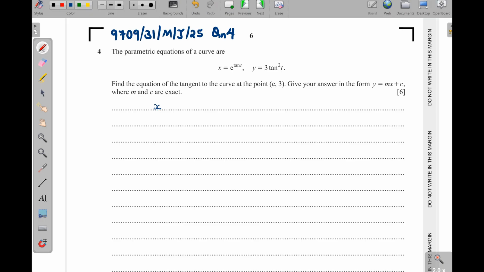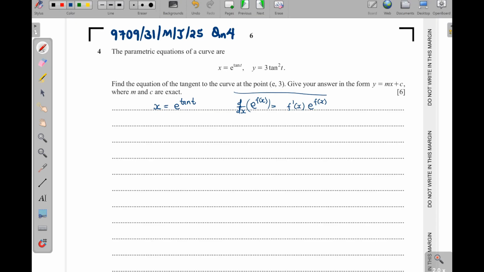So if x is equal to e to the power of tan t, remember when we differentiate a function that is e to the power of f of x, you get the power, differentiate it, so you have f prime of x, then you multiply all through by e to the power of f of x.